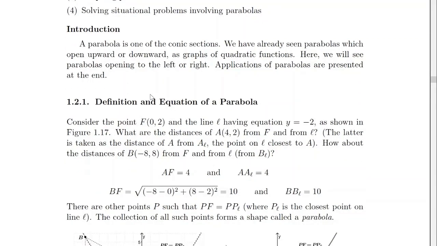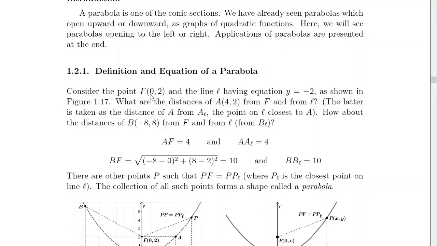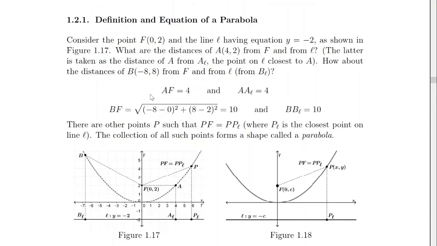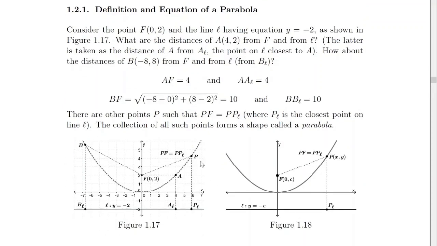So before we go to the formal definition of a parabola, let's first consider this figure. We have point F at (0, 2), and the line L having the equation y = -2. What are the distances of point A at (4, 2) from F and from this point, which is on L and is closest to A?